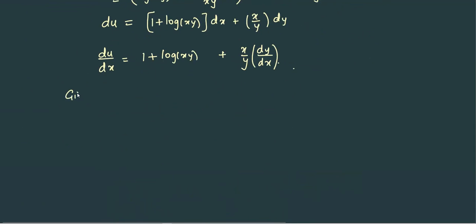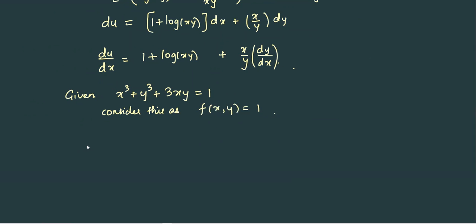Now given x cube plus y cube plus 3xy is equal to 1, write this as a function f, f of x comma y is equal to 1.